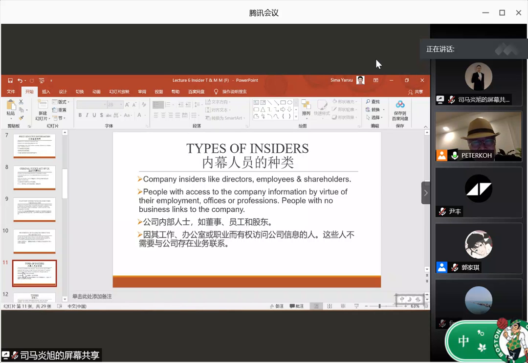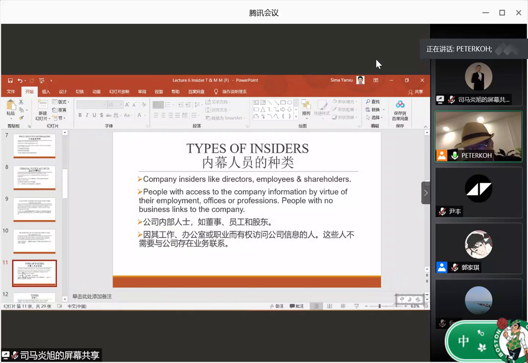So insider 个人的种类 then 包括什么人呢？内部人士肯定是包括董事、员工和股东, right? The people with access to information, company information too, by virtue of their employment, like 管理人 officers or professions, especially 公司律师, right?